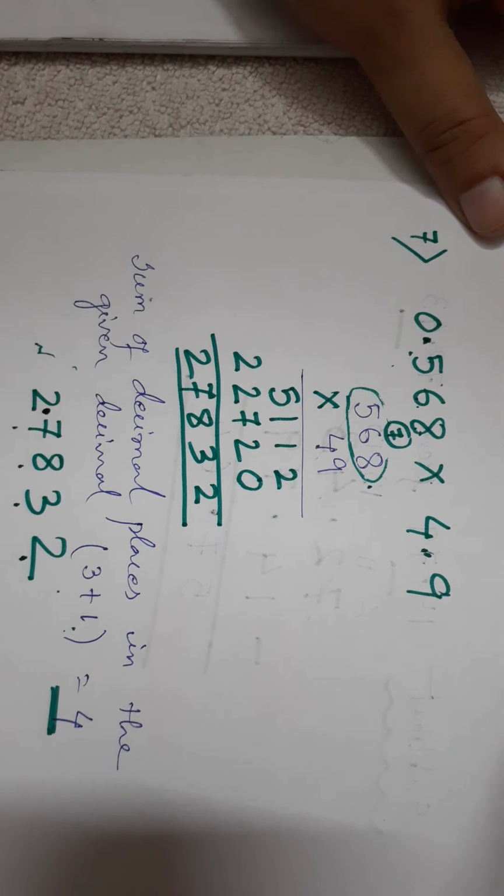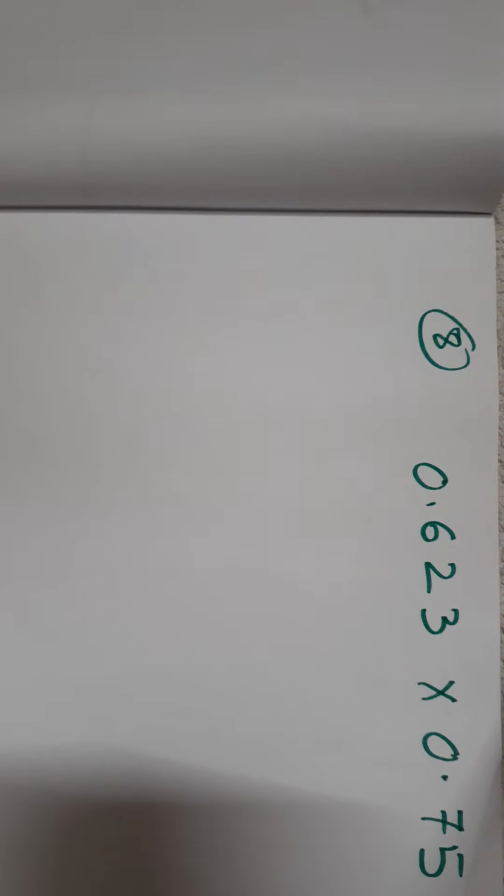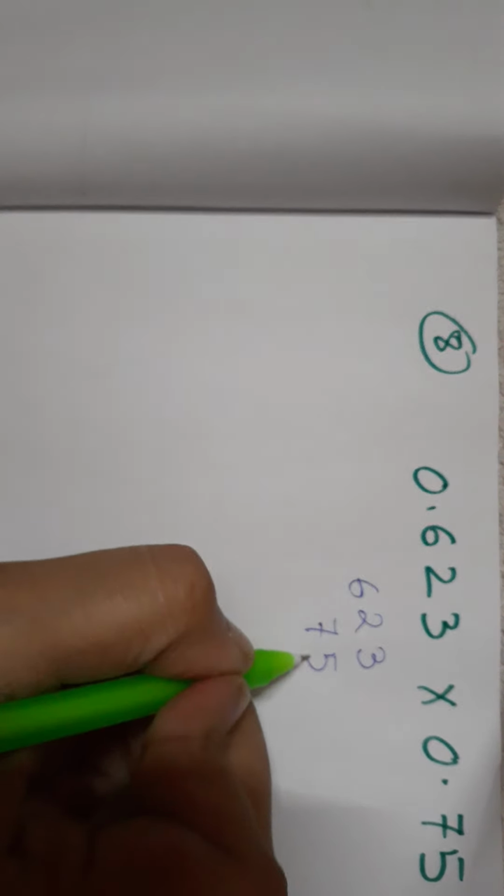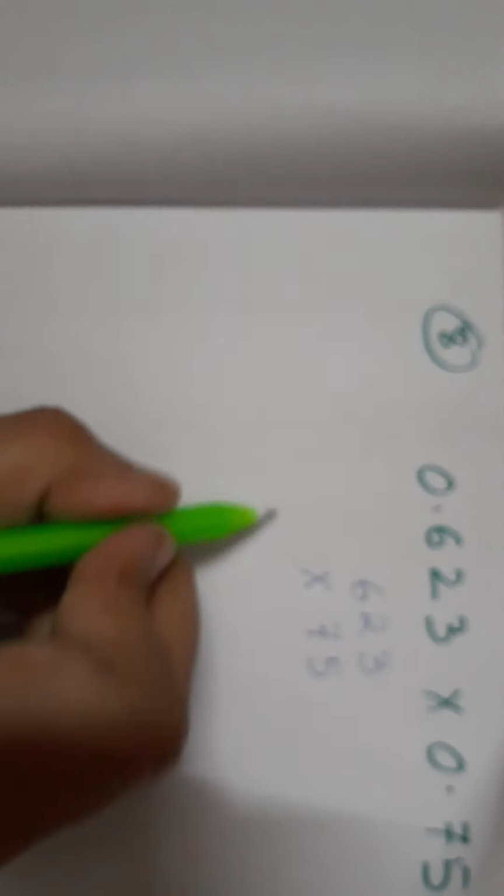So let's do one more multiplication. In this multiplication, you can see I have written 0.623 into 0.75. So first of all, we need to multiply 623 and 75. Here we are ignoring the decimal points.